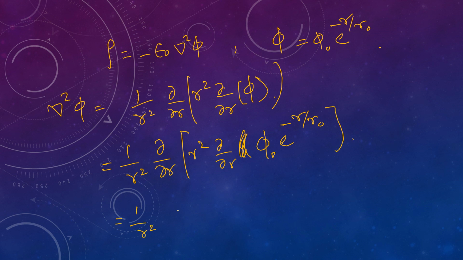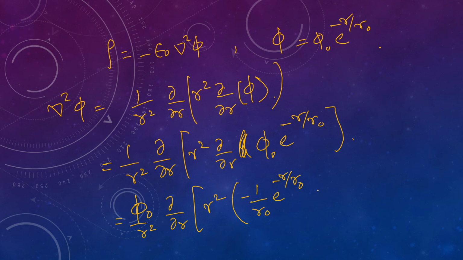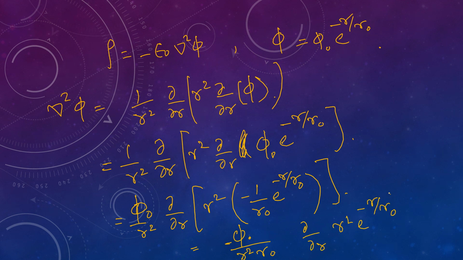1 by r square del by del r of r square. First of all, take phi naught out, and the derivative gives minus 1 by r naught e to the power minus r by r naught.